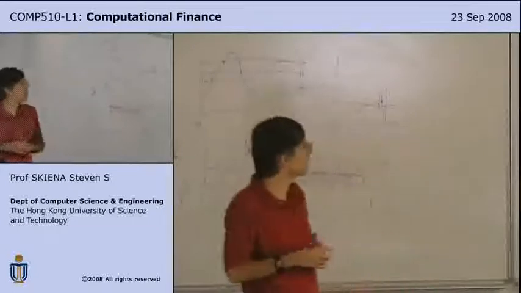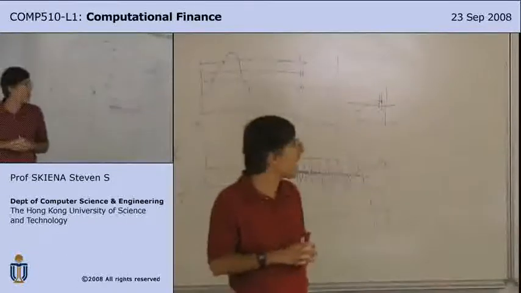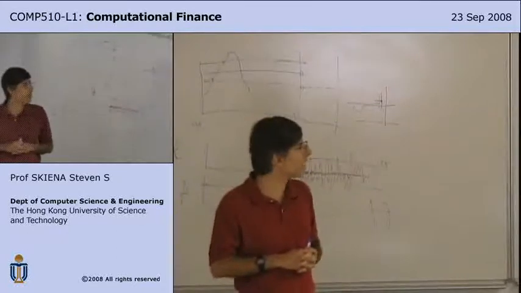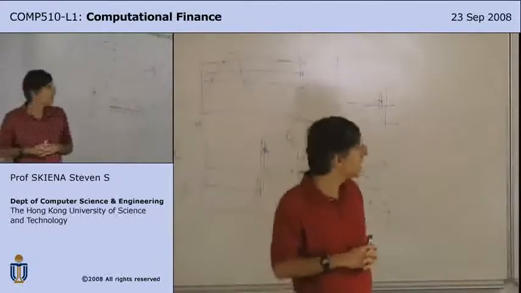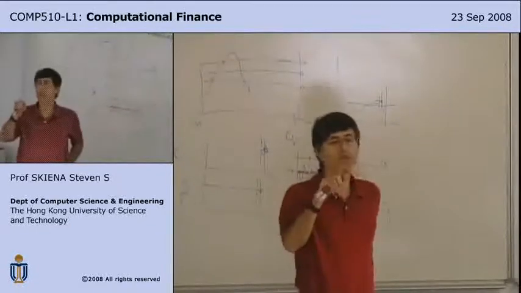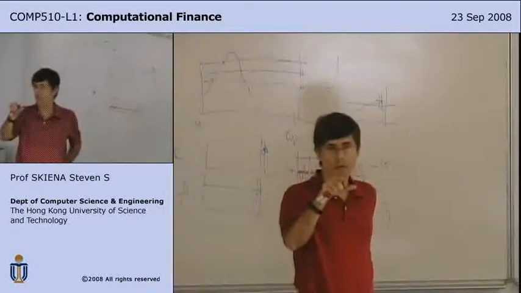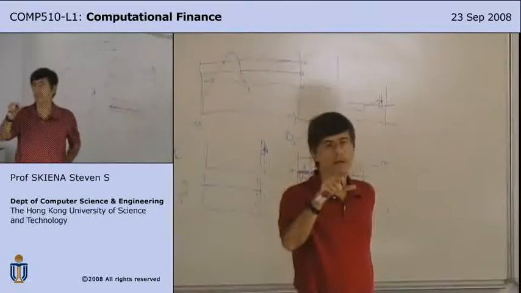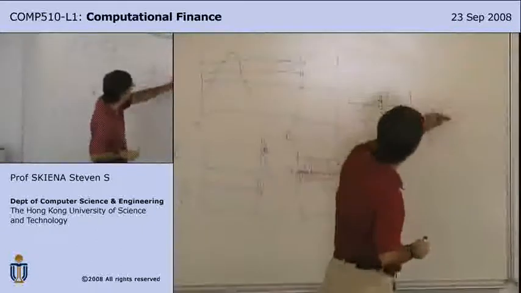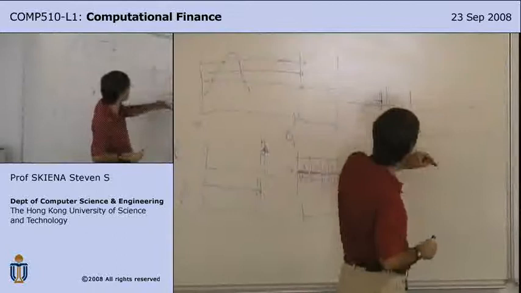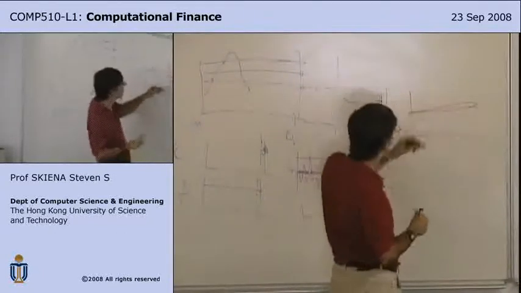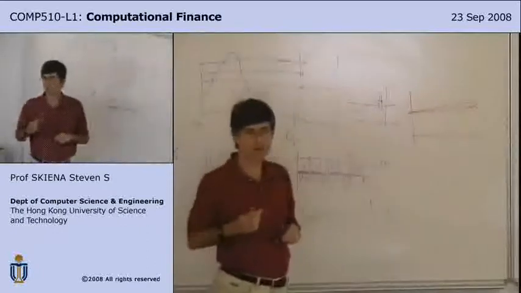The first observation is in red. If I have an option to buy a share of stock at a particular price, can it possibly be worth more than an actual share of stock itself? Let's think about this. Suppose a call option means I can buy it anytime at that price.